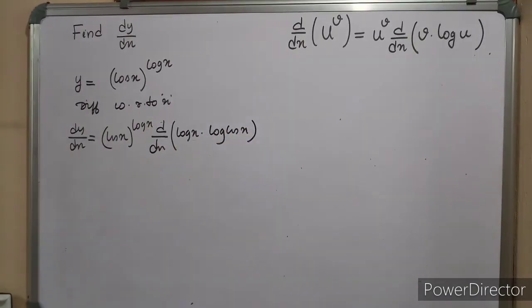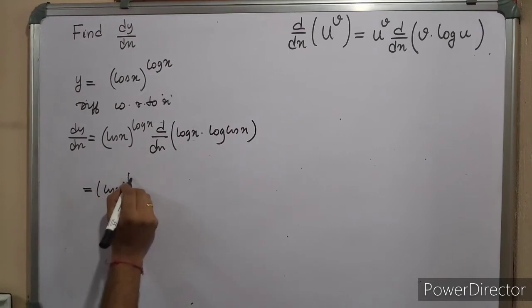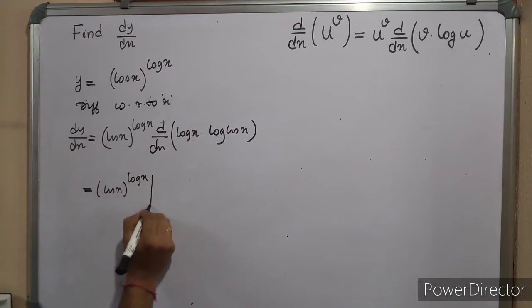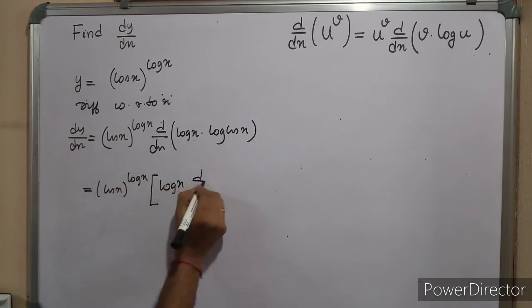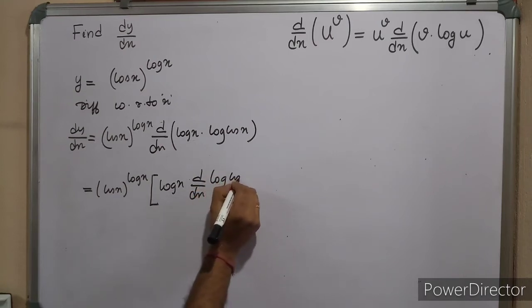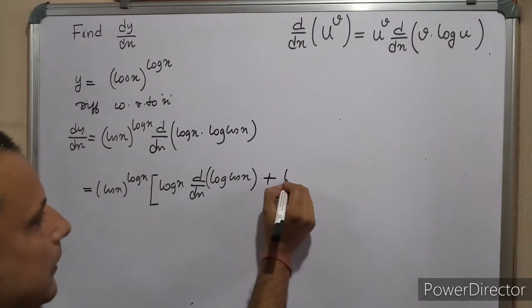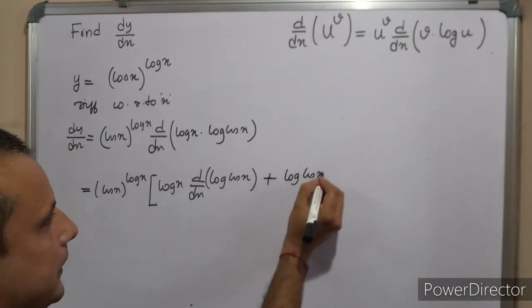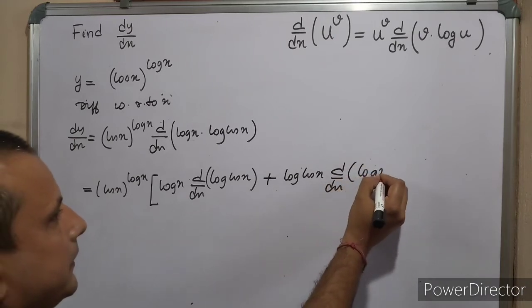Now then I'll apply the formula over here. cos x to the power log x into product form. First dy/dx of second, that is log of cos x, plus log of cos x dy/dx of log x.